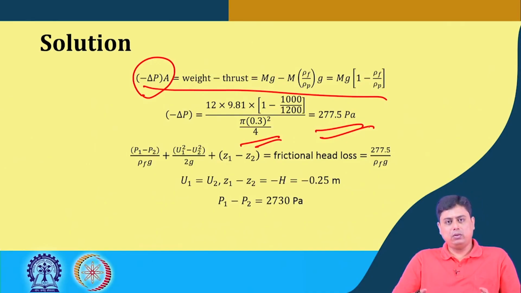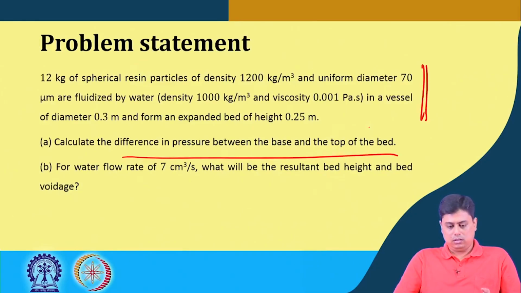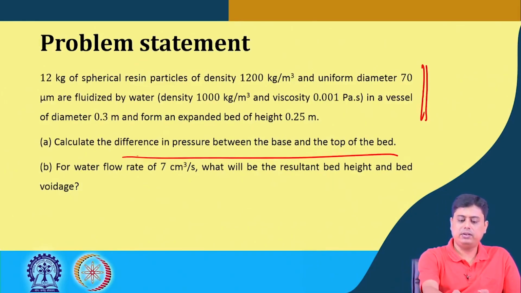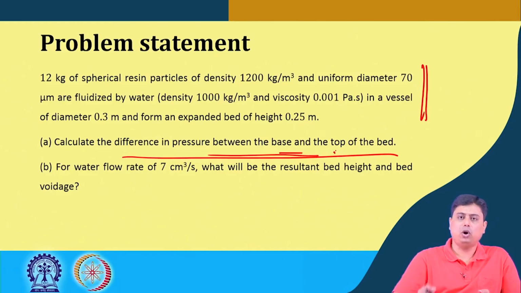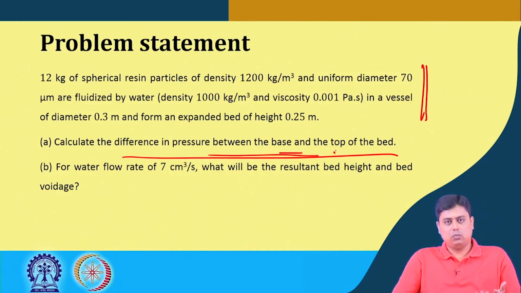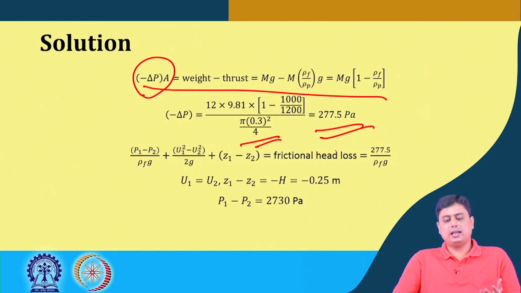Now, since this calculation involves the pressure difference between the base and top, that means since there is a water flow, it has its hydrostatic force as well, head loss.